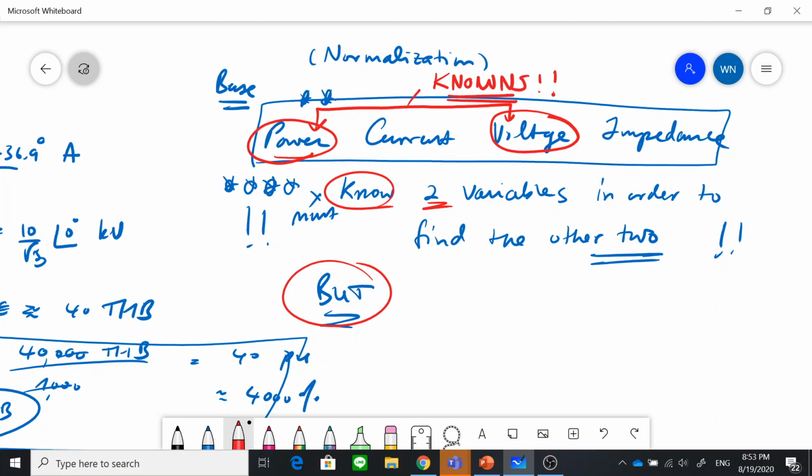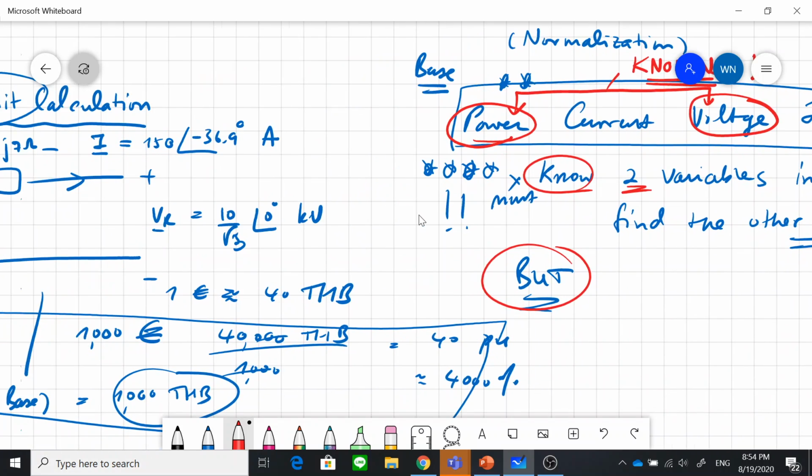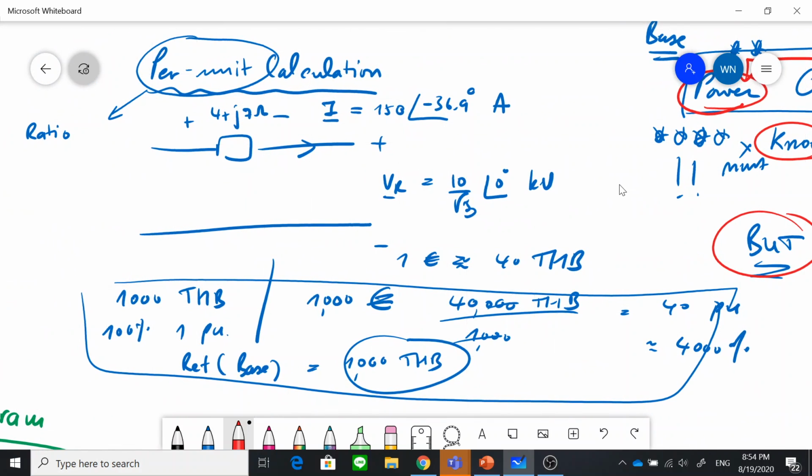In this case, we want to normalize everything. We go back to this circuit. The circuits are specified. In per unit calculation, we say all these three quantities: we have Z, the impedance, we have current, we have voltage. These three quantities are given in real quantities, in the original units.